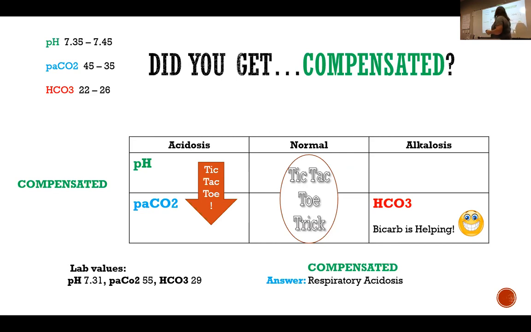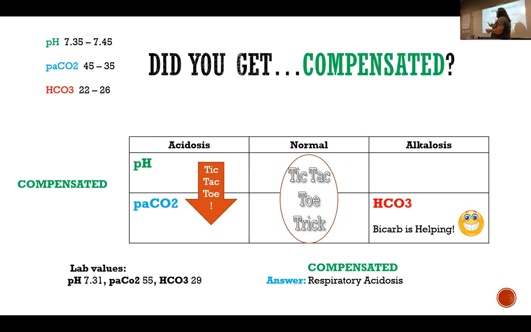You're so good, but yes. This is a tic-tac-toe trick. Even if you don't remember it, you can still just do these steps and get the right answer. But if you have the middle section, nothing is normal, you know that it's compensated because there's a helper. Both sides are outside of the normal range trying to balance the body out, okay?